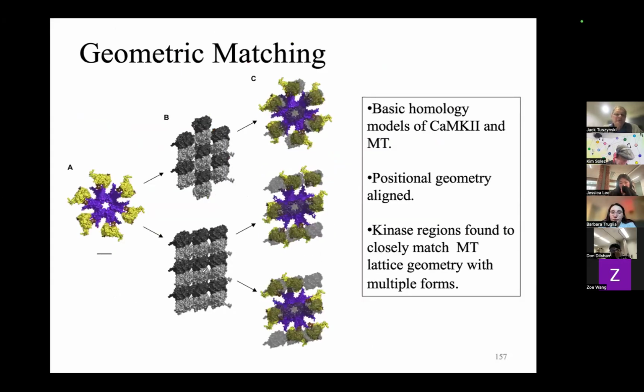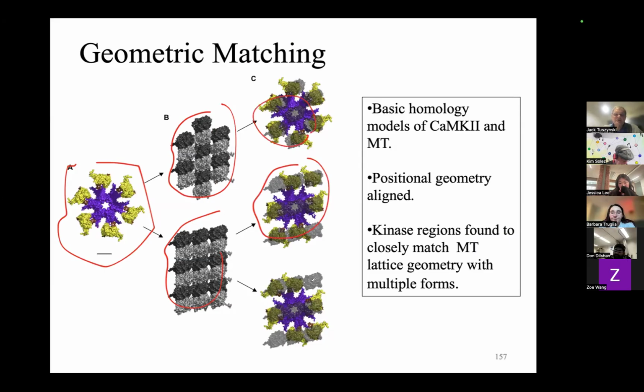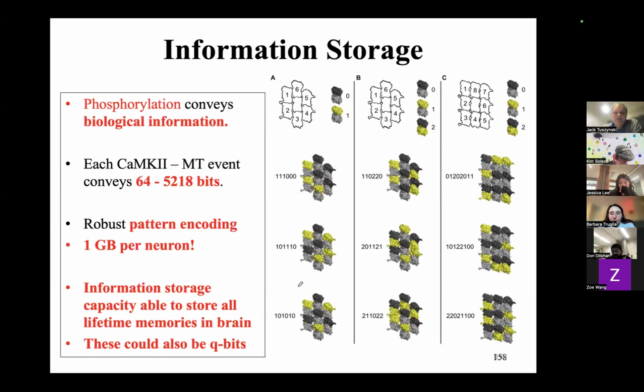So first of all, we looked at matching geometrically these structures. This is the enzyme from above again, and this is the surface of a microtubule from above. It's either hexagonal or rectangular, and this is superposition of these snowflakes or enzymes on these surfaces, and you can see the match is almost perfect. So that's an argument in favor of some kind of strong interaction, but it gets better.